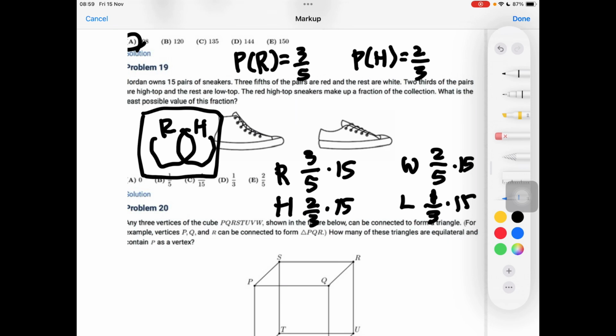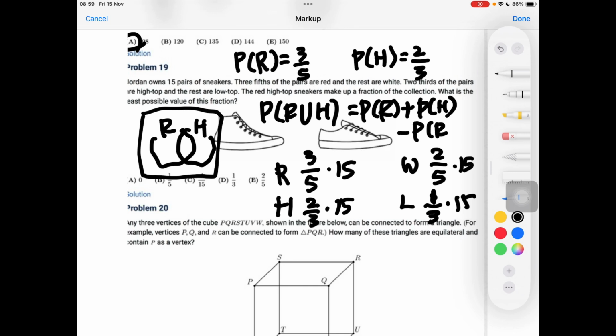So if you remember the formula to find the union, red union high top becomes red plus high top minus red and high top.